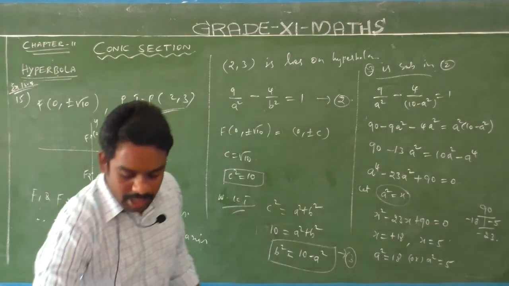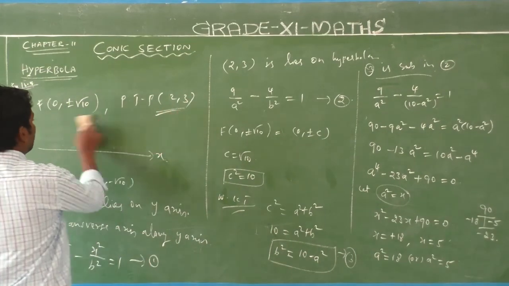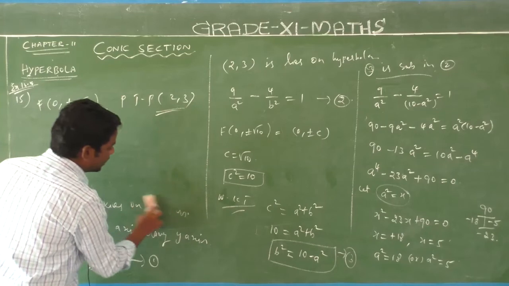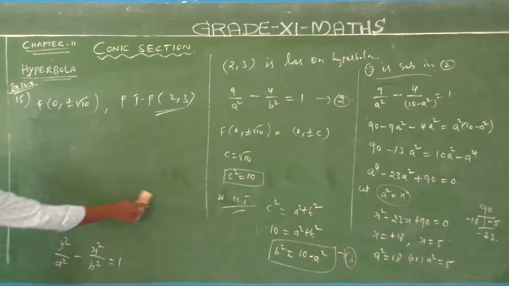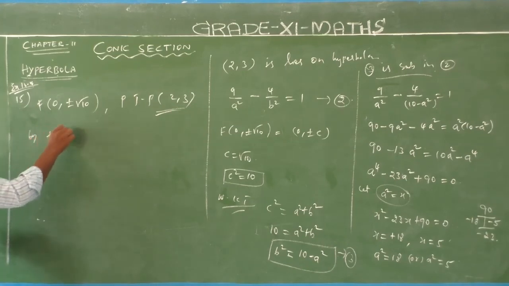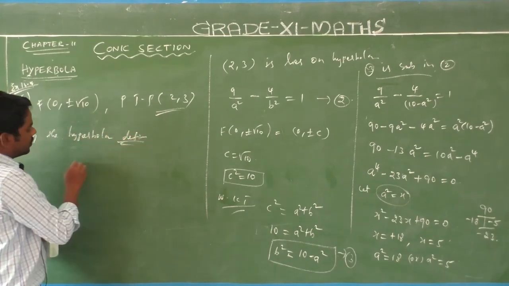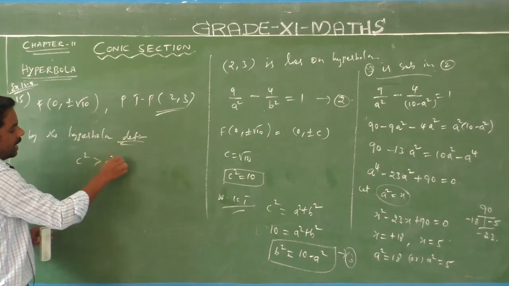But for a hyperbola, by definition, c squared is greater than a squared.